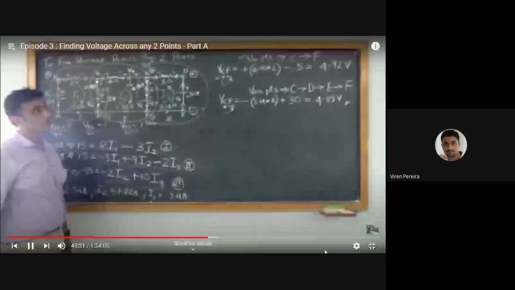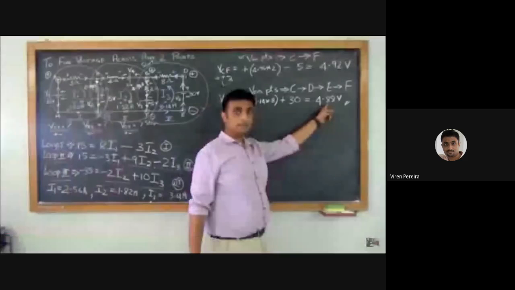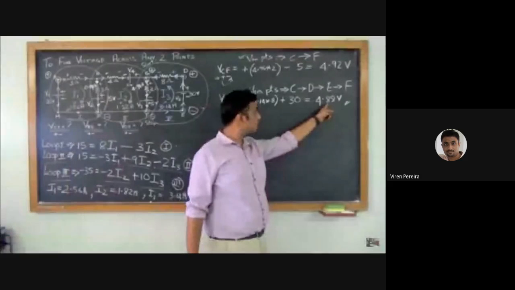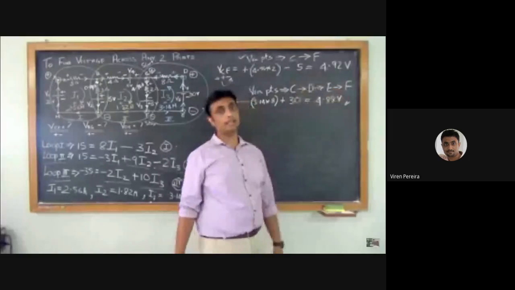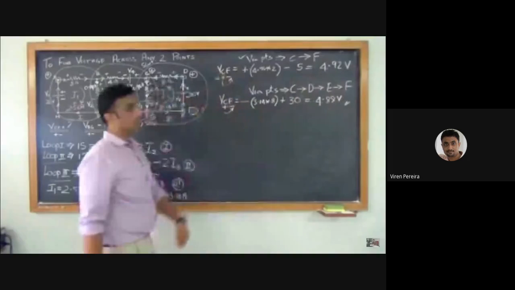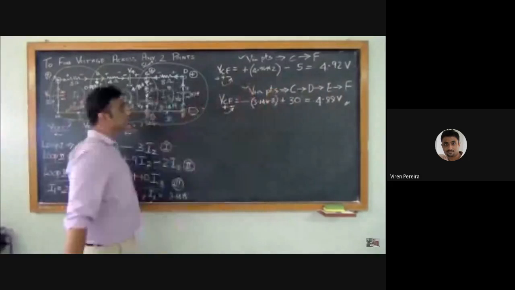This is proof. If we take a decimal, it becomes 4.9, which is equal to 4.9 of the previous one. So no matter which points you take, you will get the same answer.